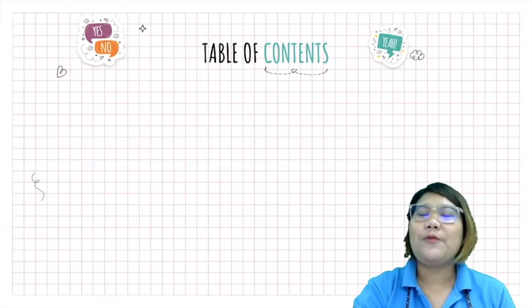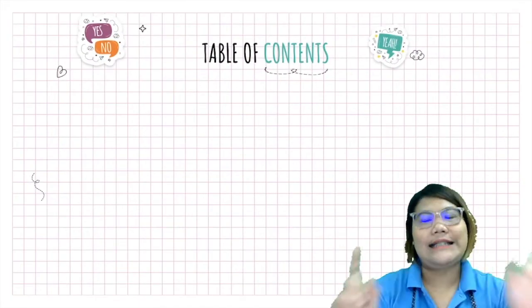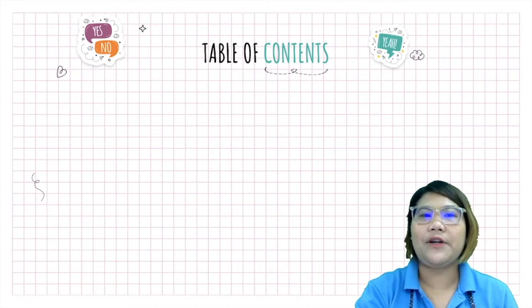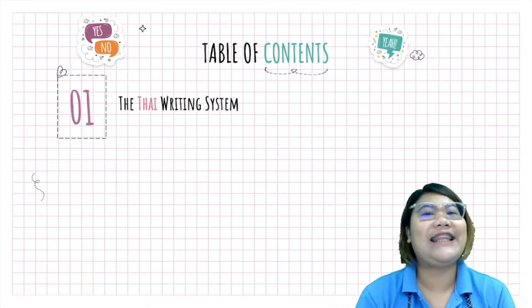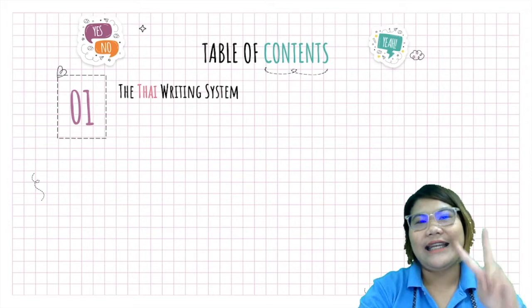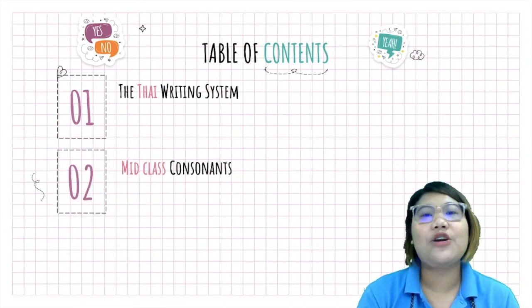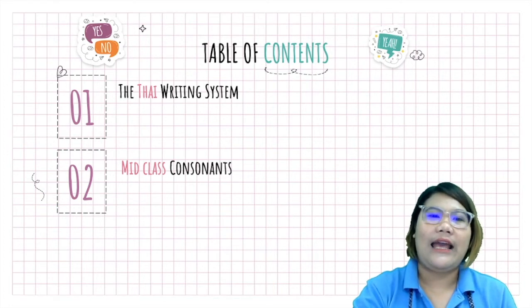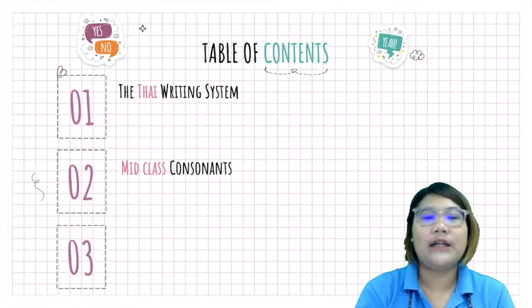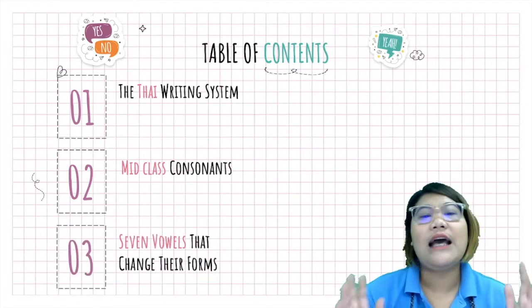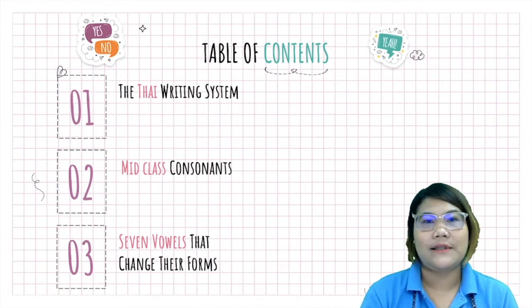Our book is separated into 6 chapters. The first chapter is about the Thai writing system. The second chapter is about mid-class consonants. And the third one, you will learn about 7 vowels that change their forms.